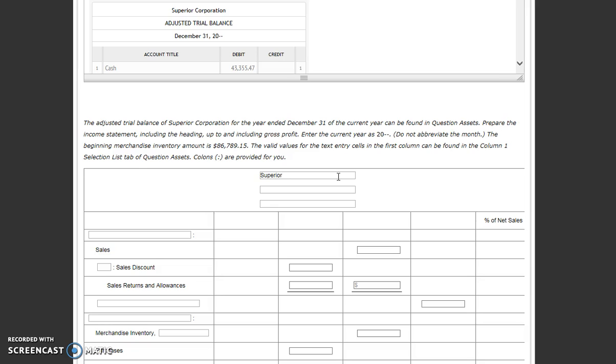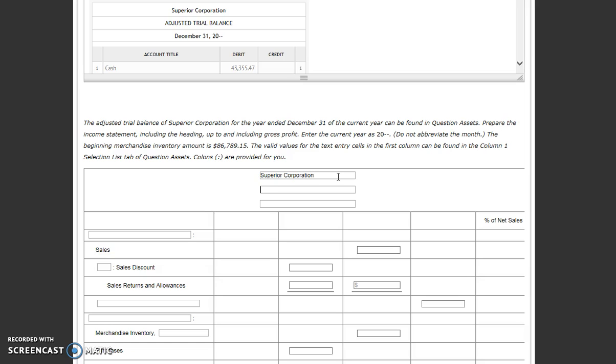Prepare the income statement including heading up to and including gross profit. Enter the year as 20--. The beginning merchandise inventory amount is given. Valid values for text entry cells in the first column can be found in column 1 section list tabs of question assets. Colons are provided for you. I hope we can finish this in less than 10 minutes because my timer's going to run out.